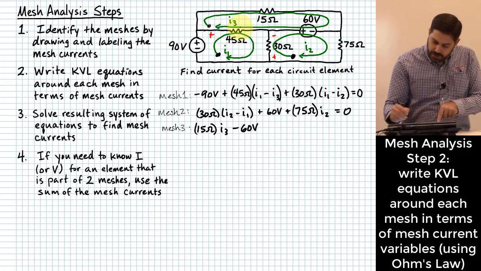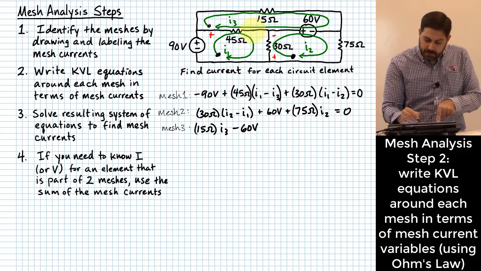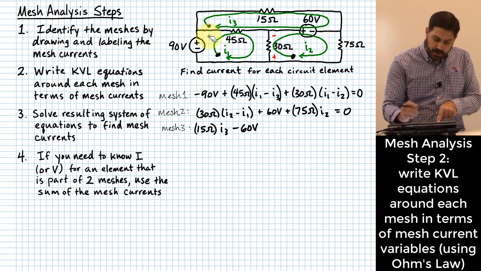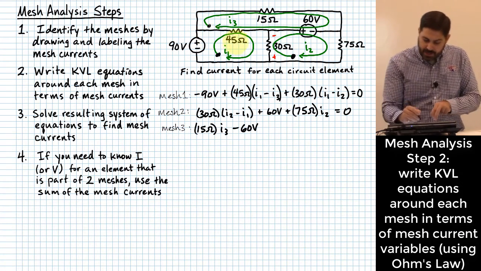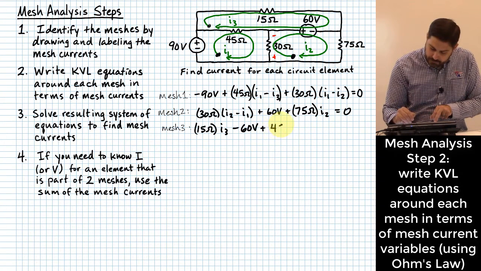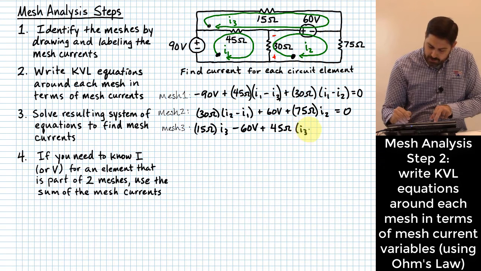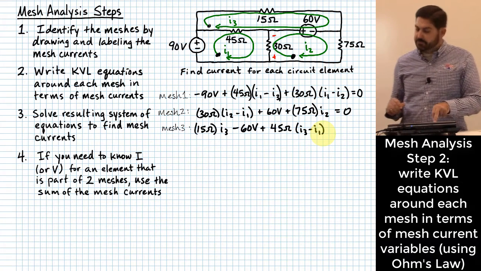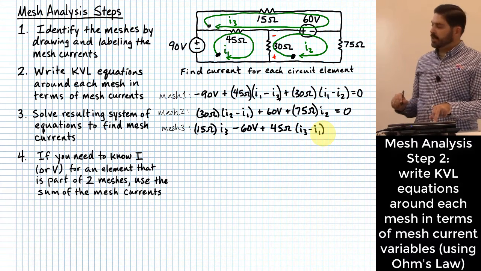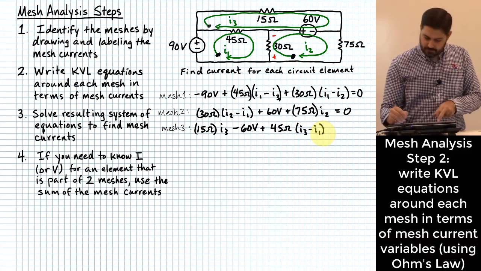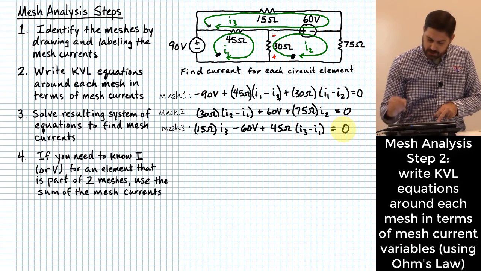Okay, now if I assume I3 minus I1 is the current across my 45 ohm resistor there, then what I'm going to have is 45 ohms times I3 minus I1. Okay, and does that get me all the way around the loop? Looks to me like it does.